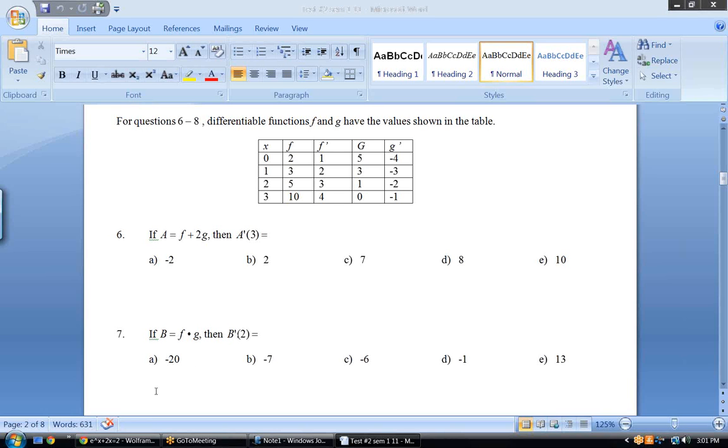Well, no, A prime would be F prime plus 2 times G prime?